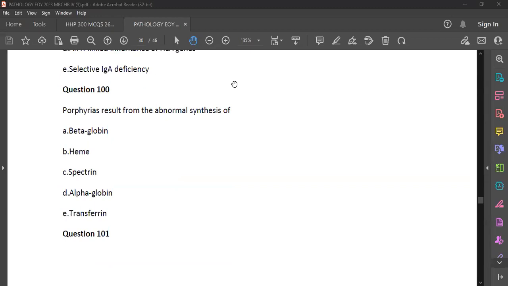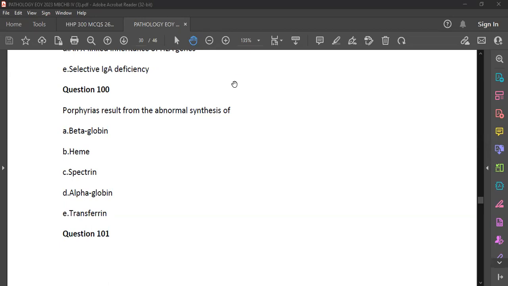All right, porphyrias result from the abnormal synthesis of what? So you just go back to what porphyrias are made of. What is a constituent of a porphyria? Let's start with hemoglobin. Hemoglobin has the heme component and the globin component.